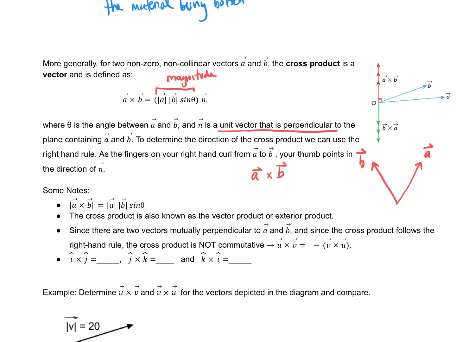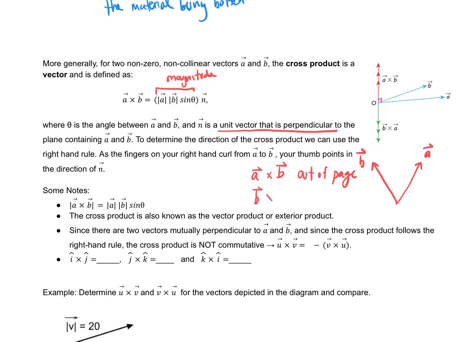Now, if you can curl your arm in a natural way to get to vector B, then the direction that your thumb is pointing in gives you the direction of that normal. So if I do A cross B, from where my hand is at vector A, I can curl my fingers inwards to get to vector B, and my thumb is pointing up. So the normal here will be out of the page. And that will be the direction of the cross product of A cross B.